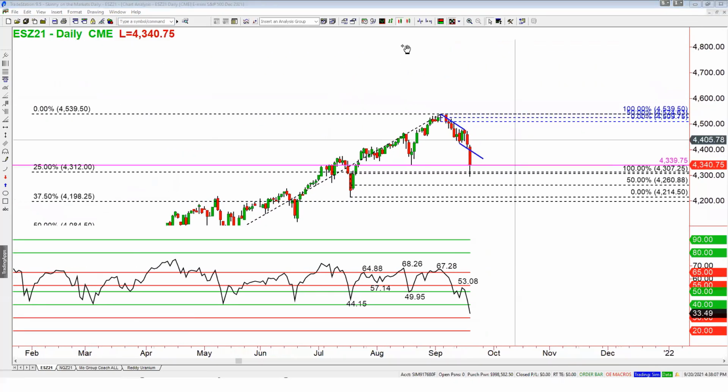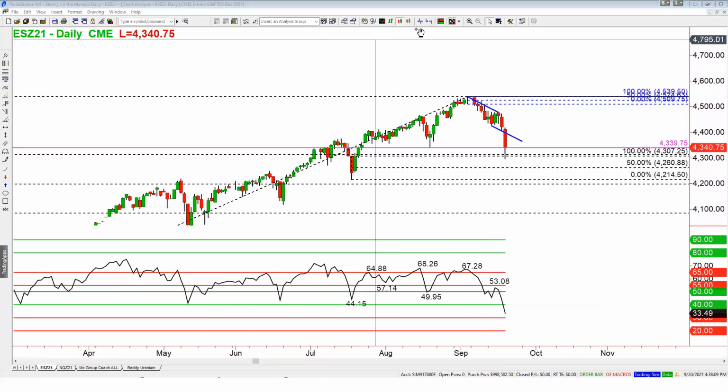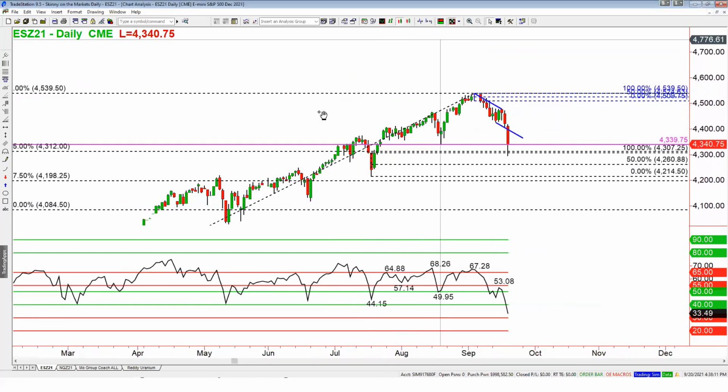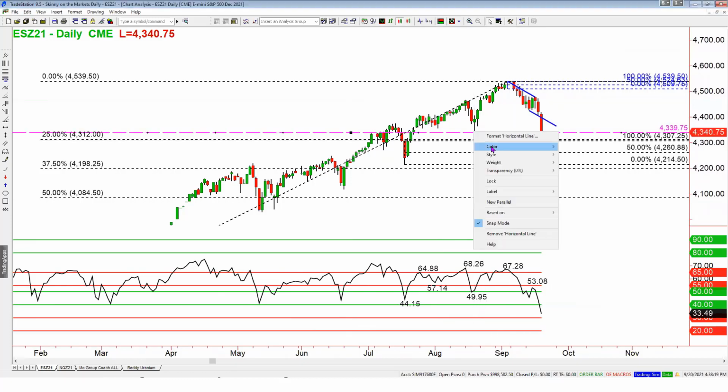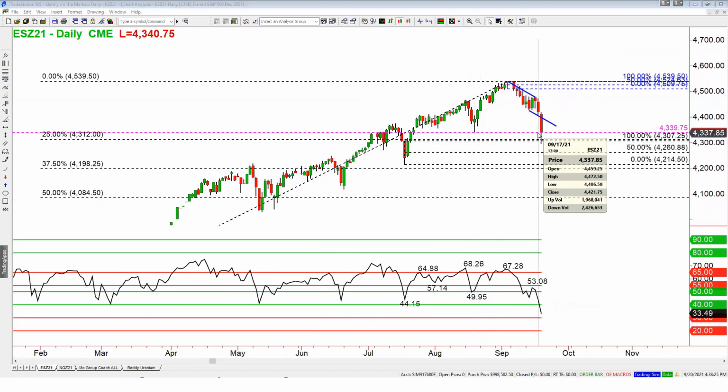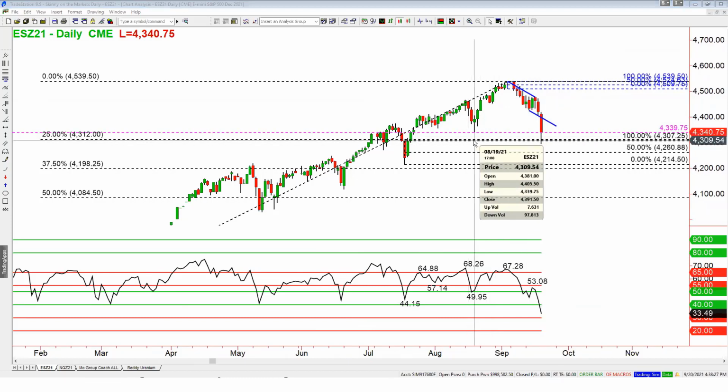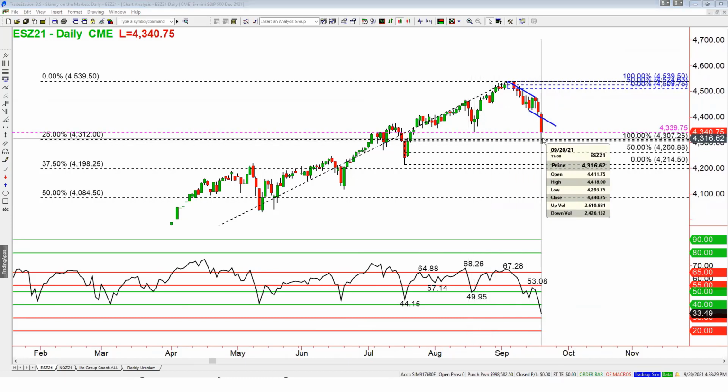All right, so this is some of the analysis I did when I came in and wrote the skinny on the mini this morning. So again, we have now violated this support, but we haven't closed below it. This is extremely important no matter what you're trading. To see that the low was at 39.75 and we closed at 40.75.